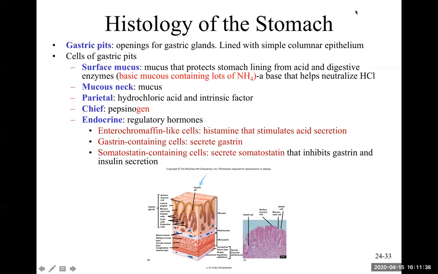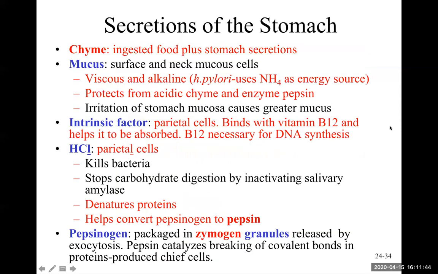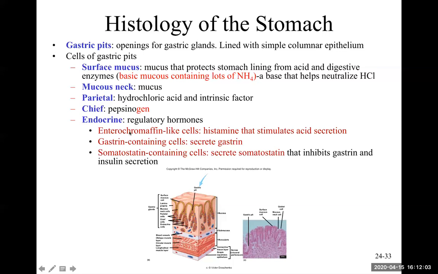They need to be cleaved to be activated. So they're usually produced a little bit too long. And then to activate it, you cut apart any excess amino acids, and that activates them. And then when you no longer need it, you put those amino acids back on. Pepsinogen is one of those zymogens. So pepsinogen is produced by chief cells.